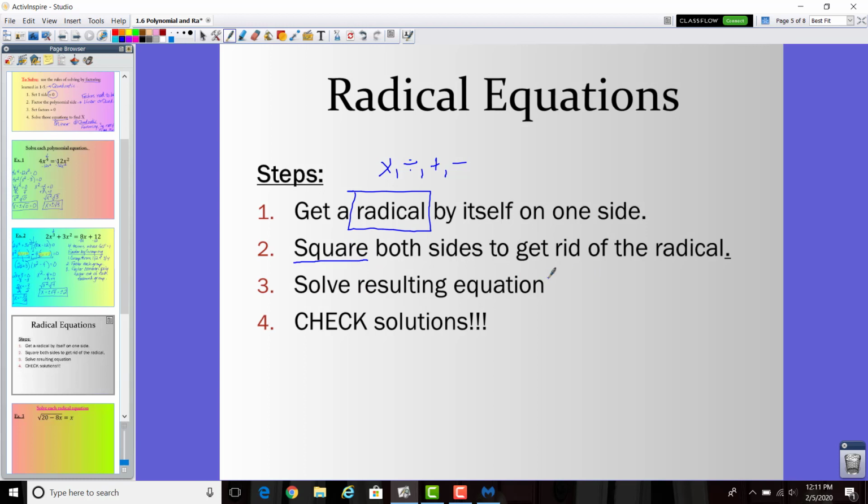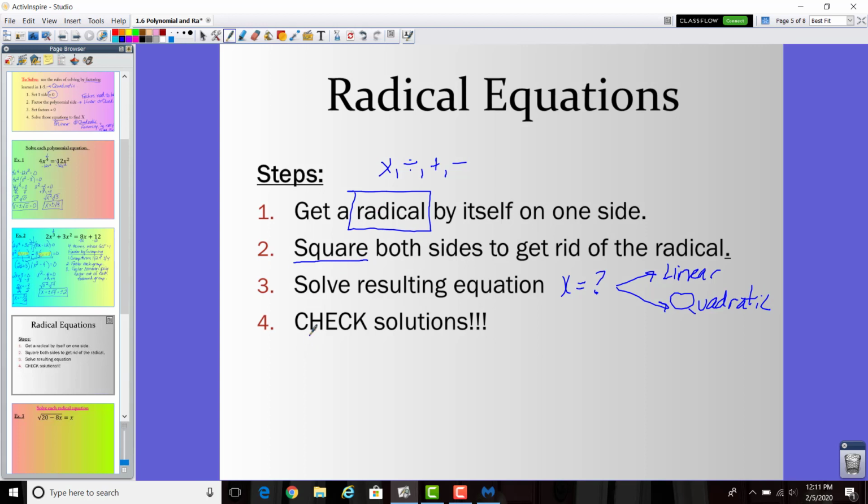Then we will, in step 3, solve our equations for x. However, these solutions for x are going to be the solutions to a linear or quadratic equation. They are not solutions to the radical equation because we got rid of the radical. They're solutions to the linear or quadratic equation that's left.